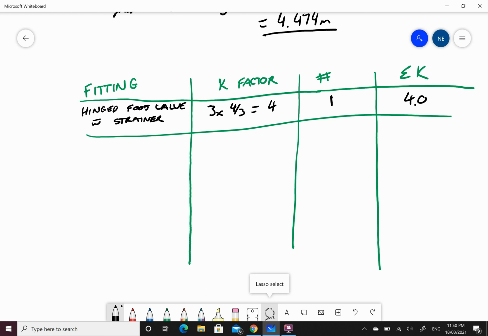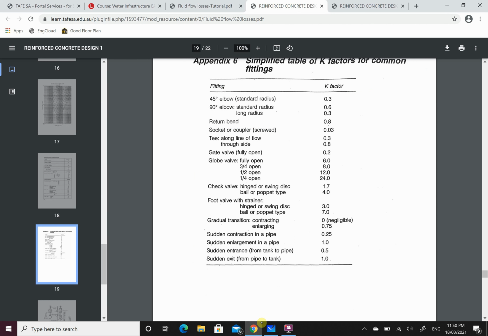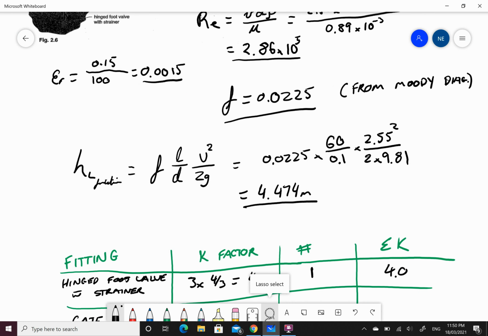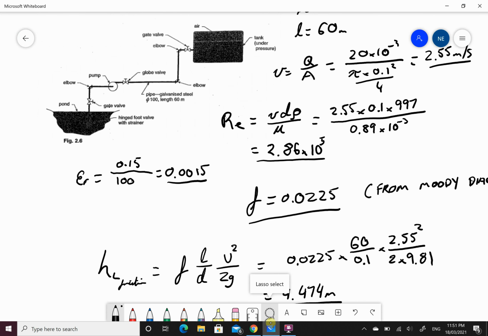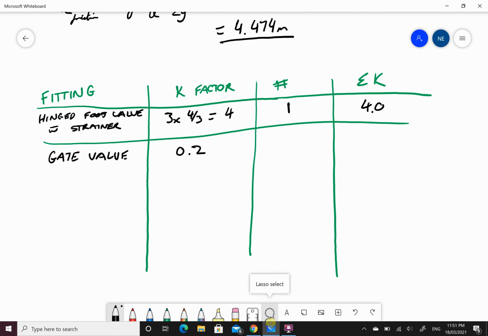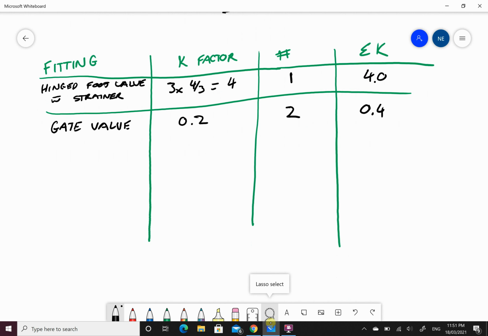Let's keep going. I have gate valves. Let me find my gate valve: gate valve fully open, 0.2. How many do I have? I have 1 and I have 2. So I have 2 of them, so sum of K is 0.4. I'll do one more and then I'll speed up, and I hope you guys are getting the pattern here.